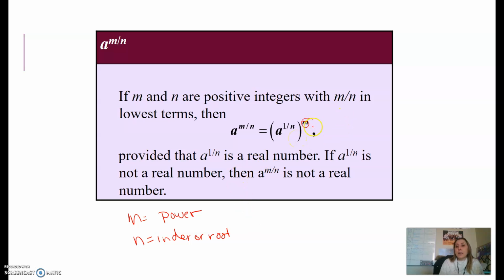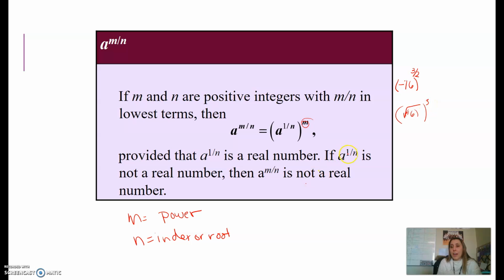Now, if we ended up with something like this, let's say negative 16 to the 3/2. So if we have something like that, then we would rewrite that as, oops, I forgot the negative sign, the square root of negative 16, cubed.